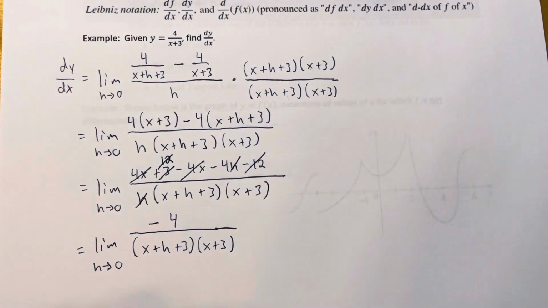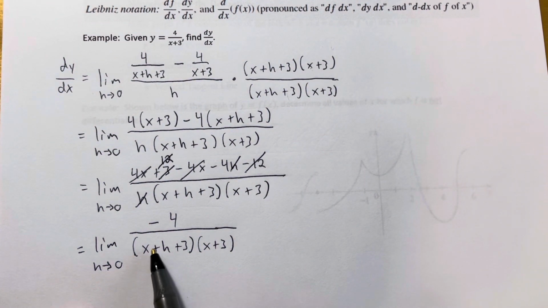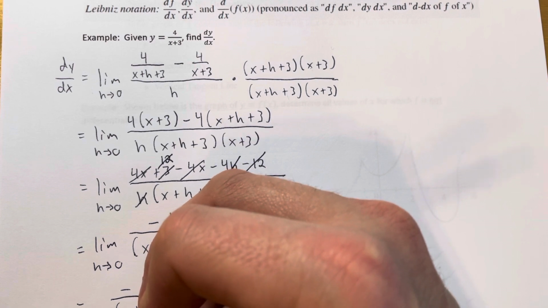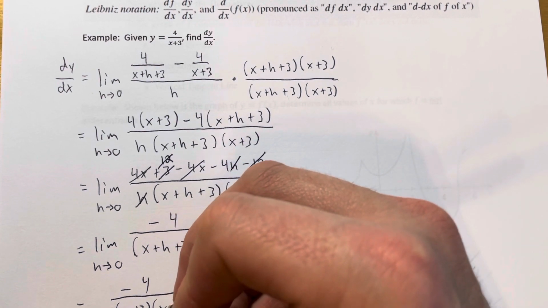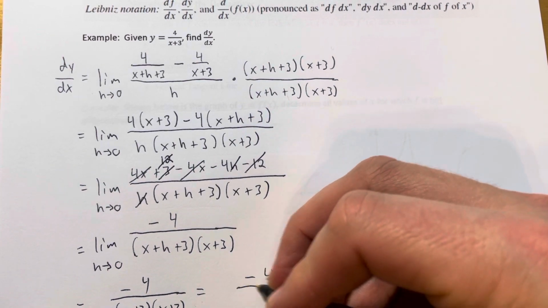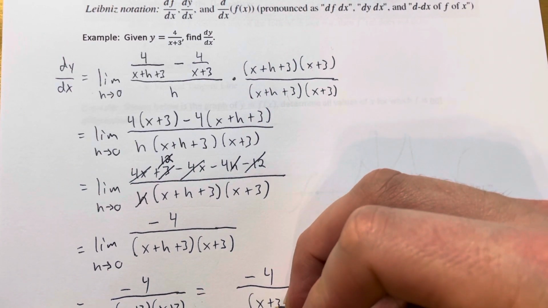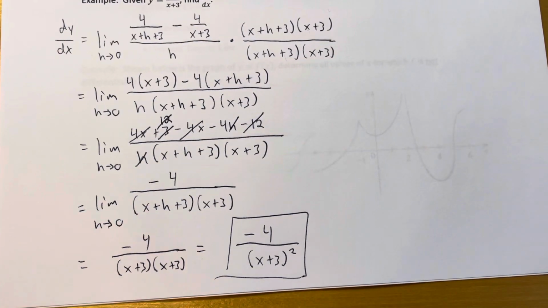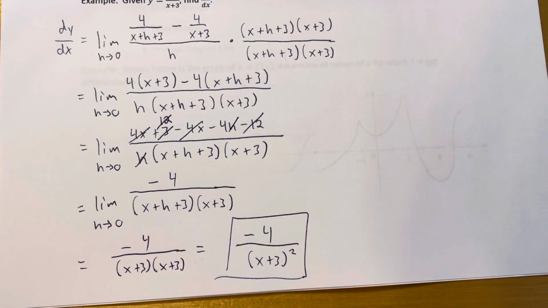It's now safe to use direct substitution to evaluate this limit because when I plug a 0 in, I just get x plus 3 times x plus 3, which is the same thing as negative 4 over x plus 3 squared. There's my derivative. All right, that's going to be our last example for this video. We'll wrap things up in the second video.